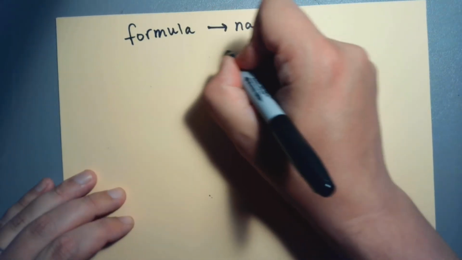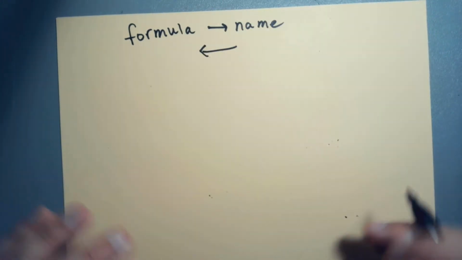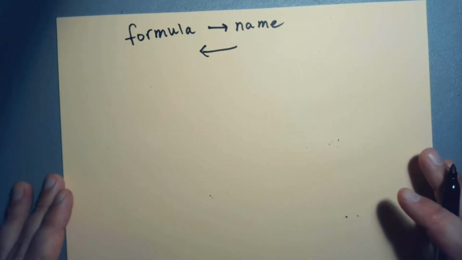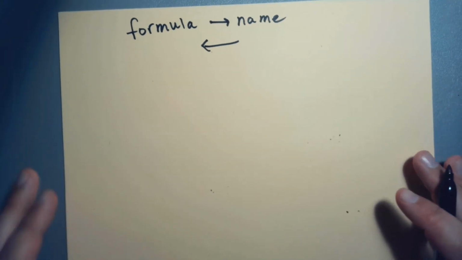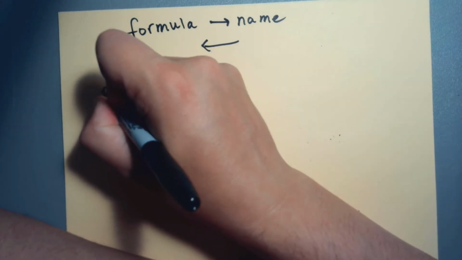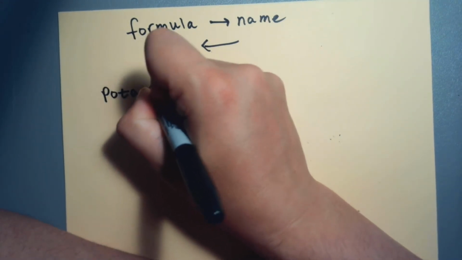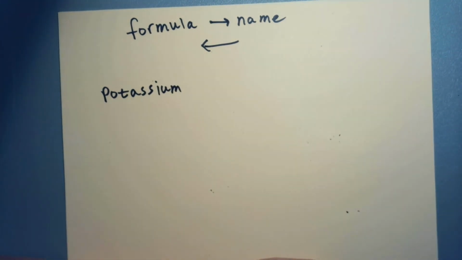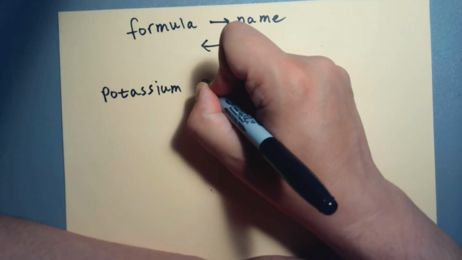We can go the other direction. We can write a name and then turn that into a formula. So, if we have something like potassium paired with another ion here, like, let's do nitride.